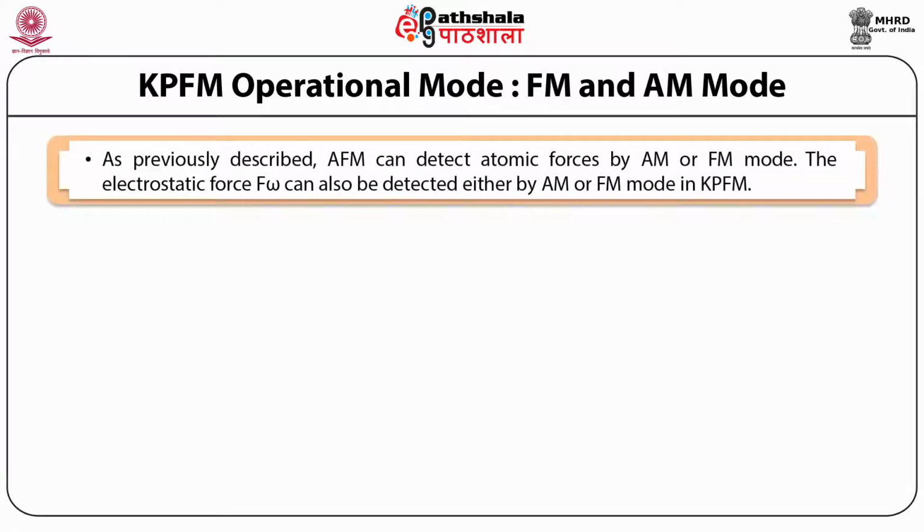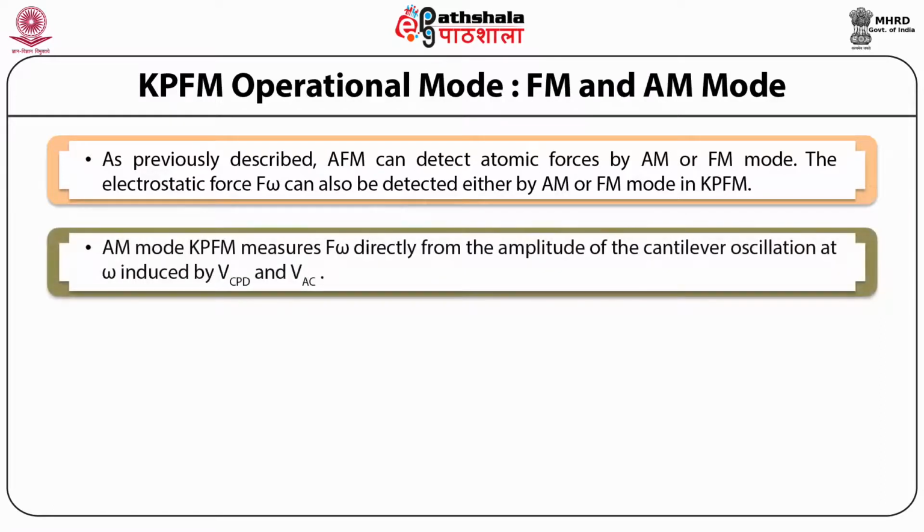As previously described in earlier slides, AFM can detect atomic forces by AM or FM mode. The electrostatic force can also be detected either by AM or FM mode in KPFM.